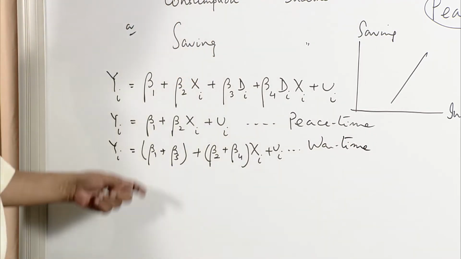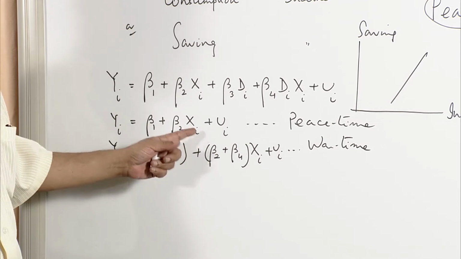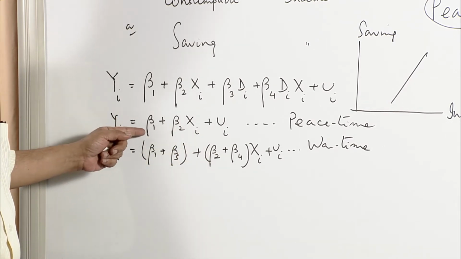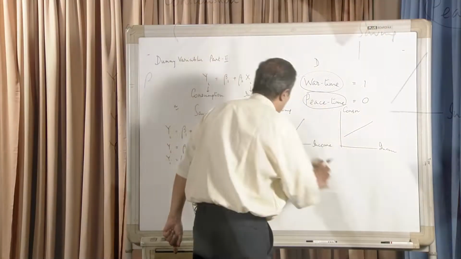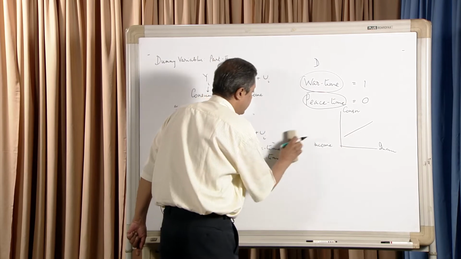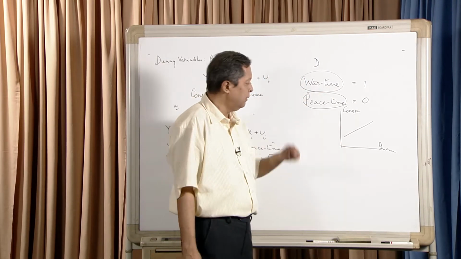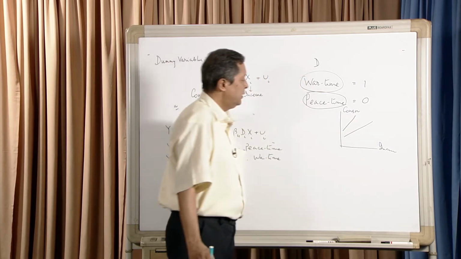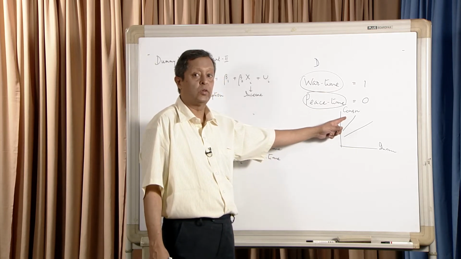By now you will have noticed that both the intercept and the slope can be different according as it is peace or war. So, if we concentrate on the regression of consumption over income, then we would get two different regression lines. You can see that the two intercepts are different and the two slopes are also different.